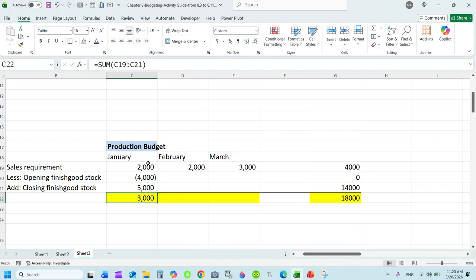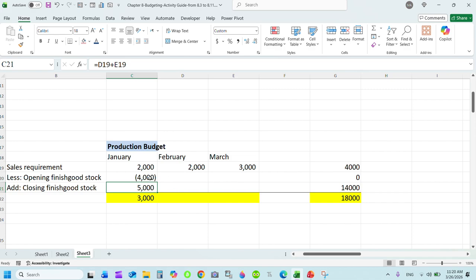So you can see, your sales requirement is 2,000, but you produce 3,000. Why? Because you need to produce not only to maintain sales requirement, but also to maintain your closing stock requirement, right? Sales requirement 2,000, closing stock requirement 5,000, all together 7,000, but we don't produce 7,000.